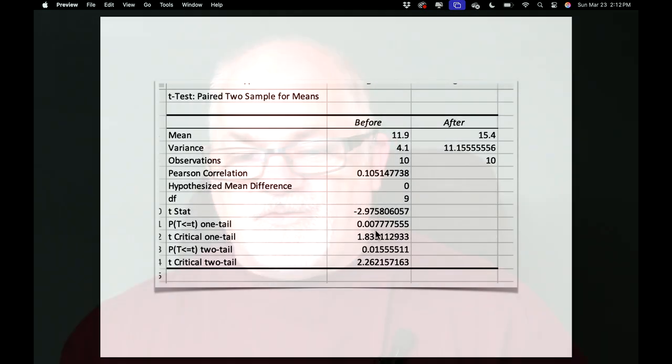Now, if we were going to analyze this from a one tail, meaning did it improve people's perception? We're just looking at one direction. Yes, it did. It was significant to the 0.007 level, way past the 0.05 level. So yes, we had a successful intervention.